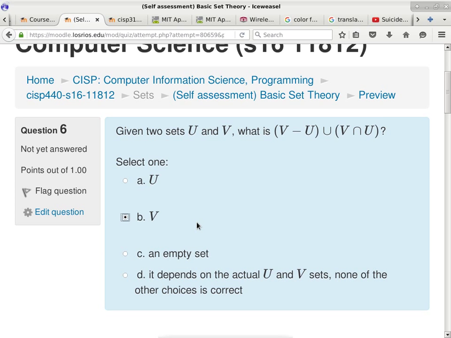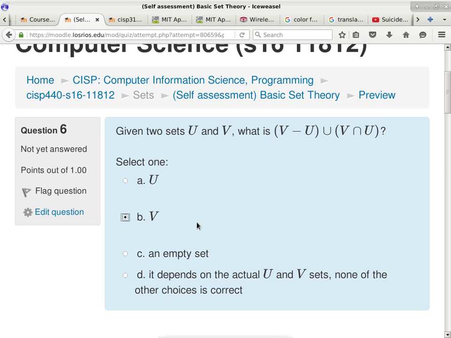All right. Any questions? I think we should go over that one. The last one? Yeah. So what you want to do is to first get V minus U. V minus U is a set all by itself with elements that you can find in V but not found in U. And then the other one, V intersecting with U, are elements that can be found in both.